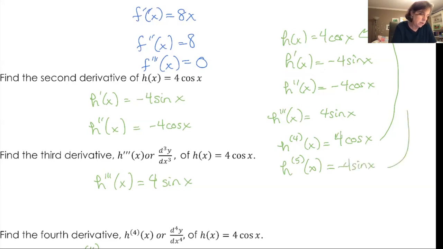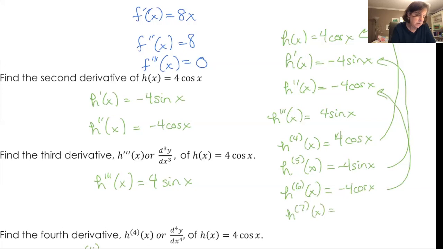Notice the fifth and the first derivatives are the same. The sixth derivative would be the same as the second derivative, minus 4 cosine x. The seventh derivative is going to be the same as the third derivative, which is 4 sine x. And then it all starts over.